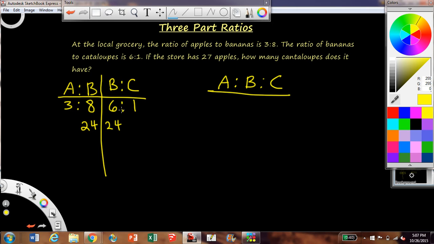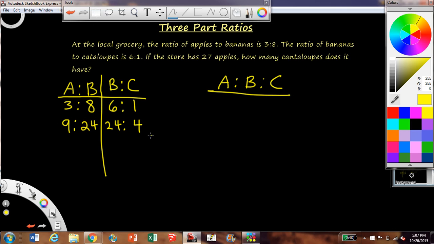Okay, now let's go ahead and see. I multiplied 8 by 3 to get 24, so I need to multiply this 3 by 3, and I get 9 to 24. Now that means for every 9 apples, there are 24 bananas, and over on this side, I multiplied by 4. If I have 24 bananas, I have 1 times 4 is 4 cantaloupes.